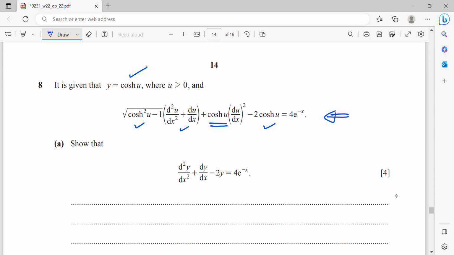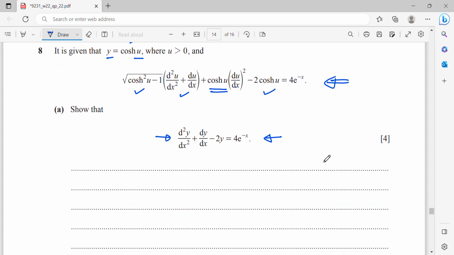Now, show that d squared y over dx squared plus dy over dx minus 2y equals 4e to the power of minus x. So instead of y in terms of u, now you need to get dy over dx, or the second order differential equation in terms of y and x. Alright, so now we start with y equals cos u.